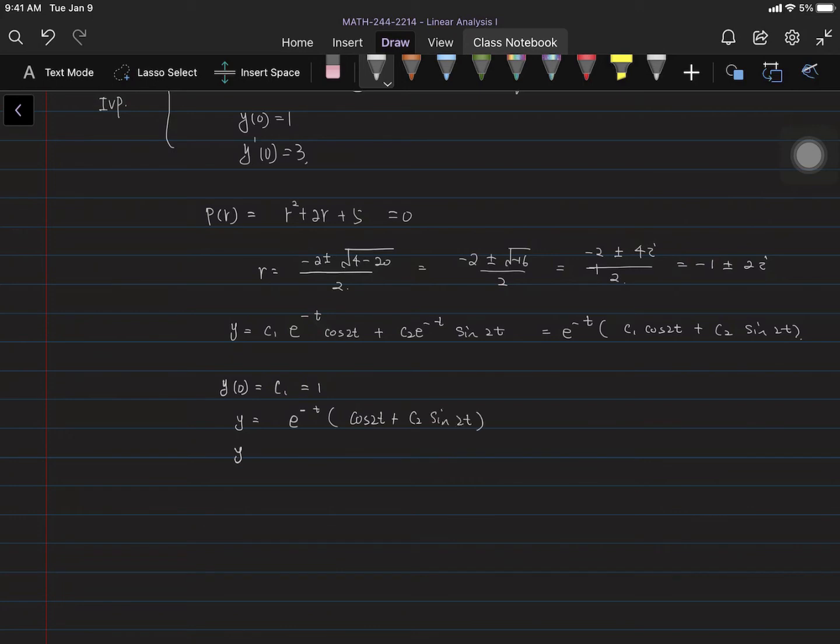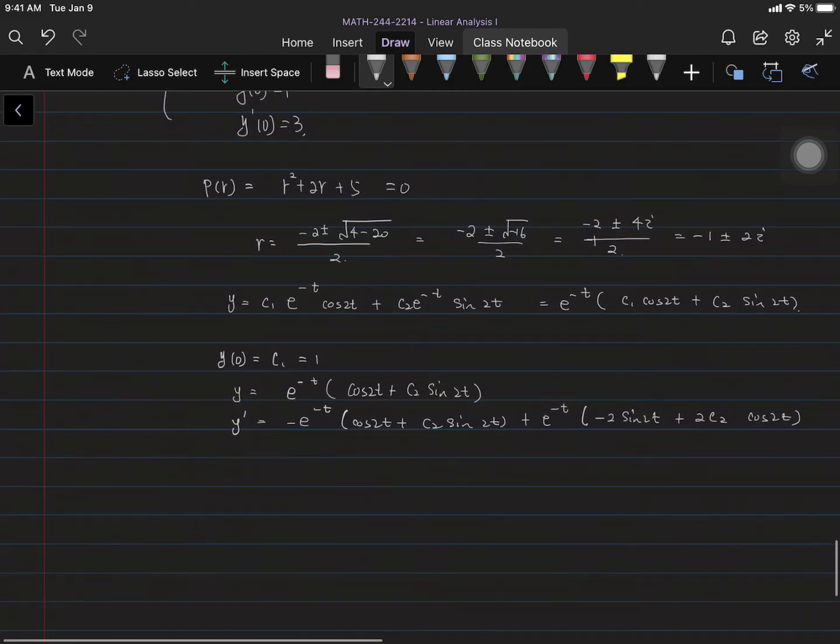Next, we find the derivative of this function. So it should be negative e to the negative t times (cosine 2t plus C2 sine 2t), using f prime g plus f g prime, plus e to the negative t times (negative 2 sine 2t plus 2C2 cosine 2t). Is that correct?